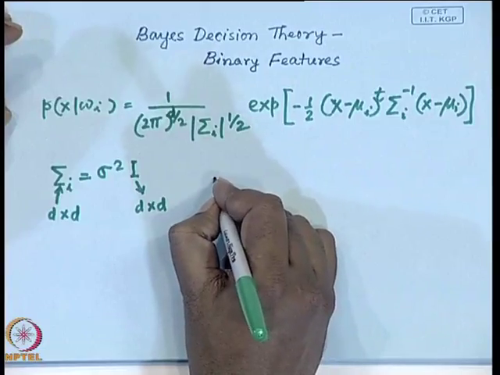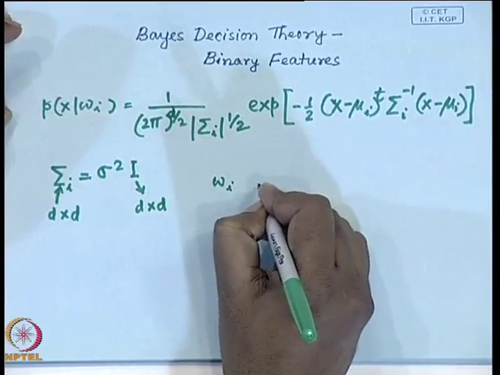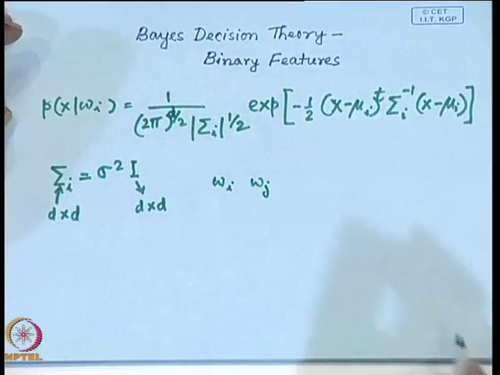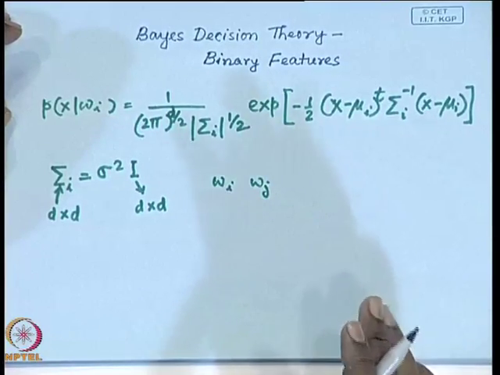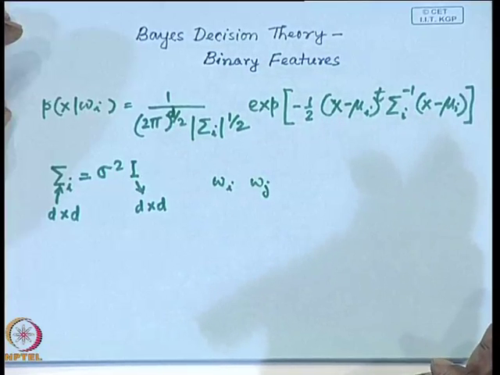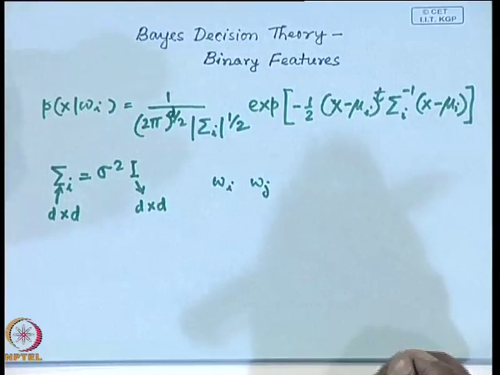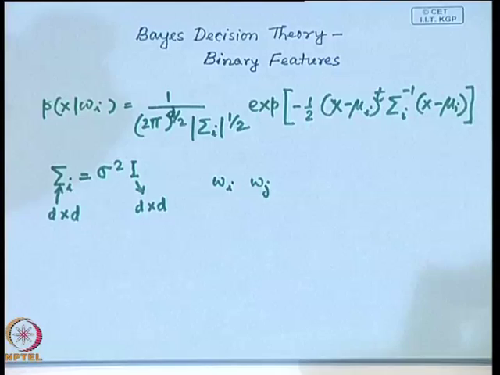Okay. And in particular, if we want to find the decision boundary between two different classes, the ith class omega I and the jth class omega j, the decision boundary between these two classes is a hyperplane which is orthogonal to the line joining mu I and mu j, where mu I and mu j are the centers of the classes omega I and omega j.